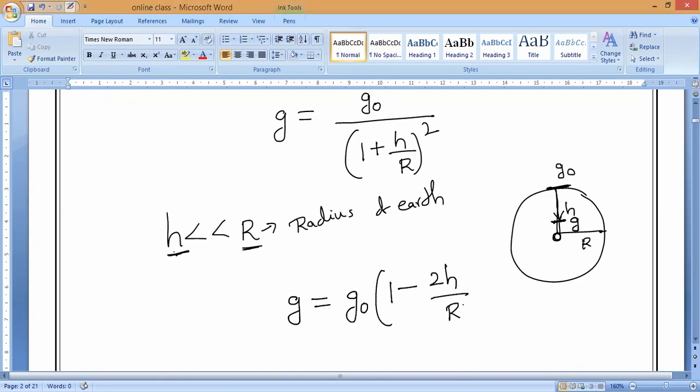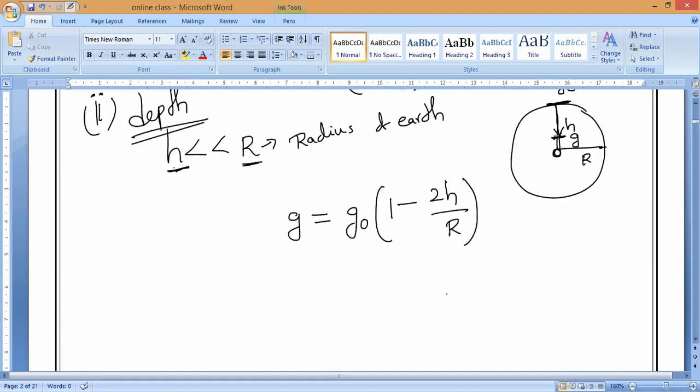So this is the formula we have to use, guys, when h is much less than r, the radius of the earth. This was altitude; the second factor is depth. If you keep on going deeper, the g value varies as g naught into (1 minus 2h by r).